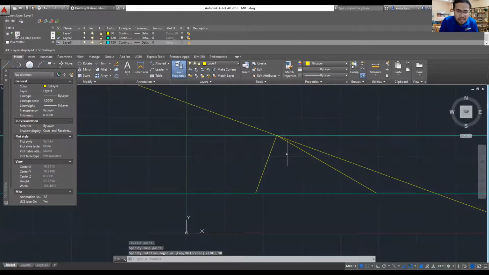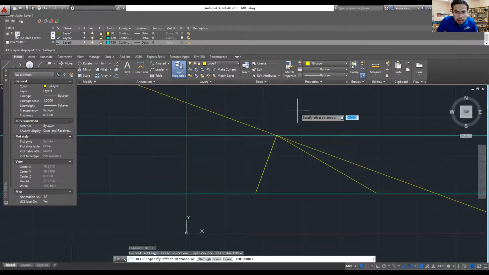So that is the direction of that V sub B, and we just have to move, copy this. No, I just want to offset this line to create the magnitude of 20.